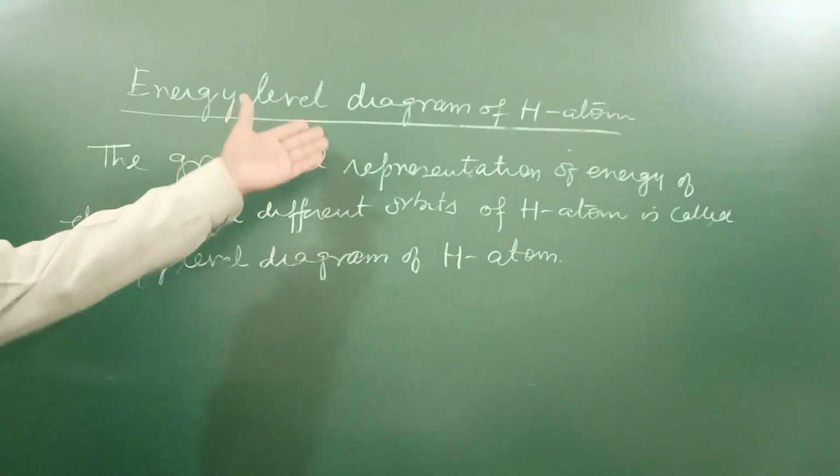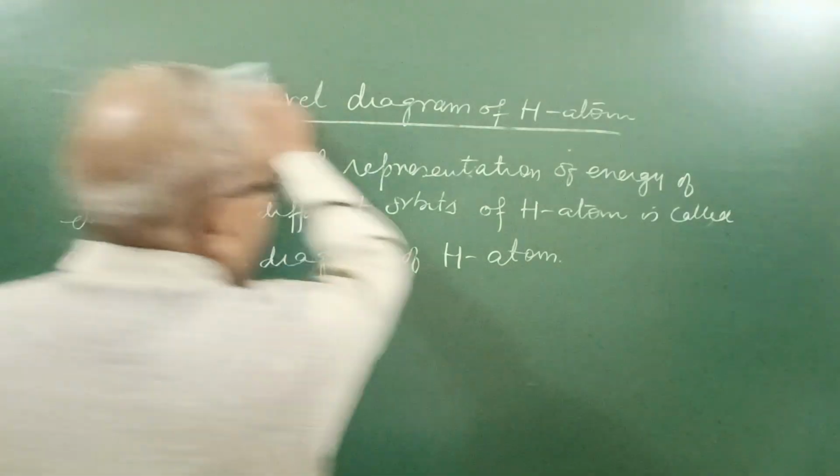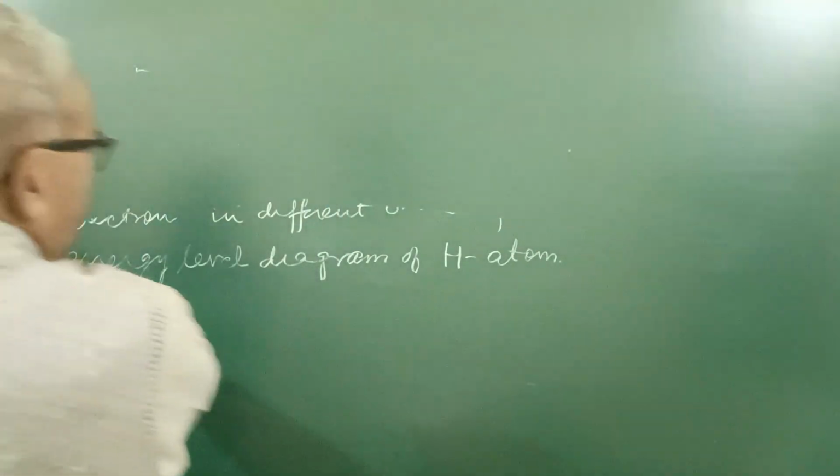Before I draw this diagram, let us calculate the energy of the electron in different orbits.